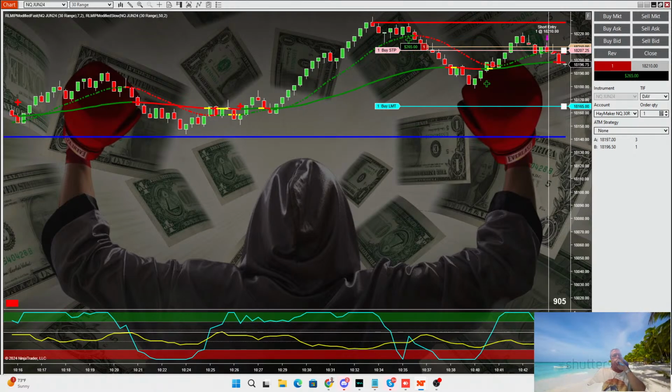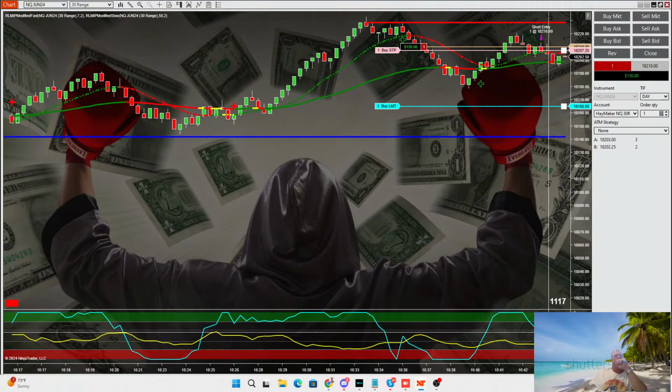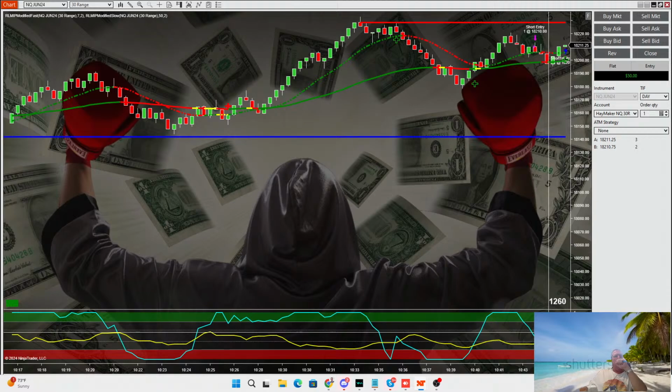And the Haymaker will try to run up the score quick, and it has the ability to do it. All the risk just got taken off the trade. The stop went to break even plus 10, I believe it is. And now you're in this move here with no risk. You got 10 ticks of profit because it bounced on us.